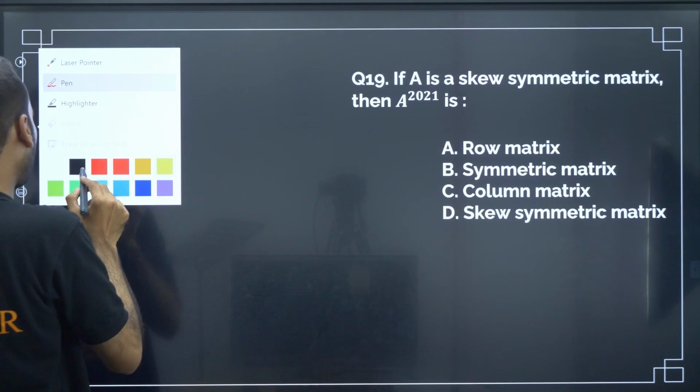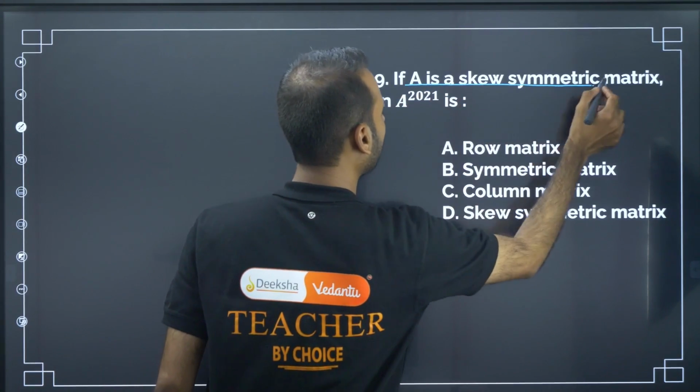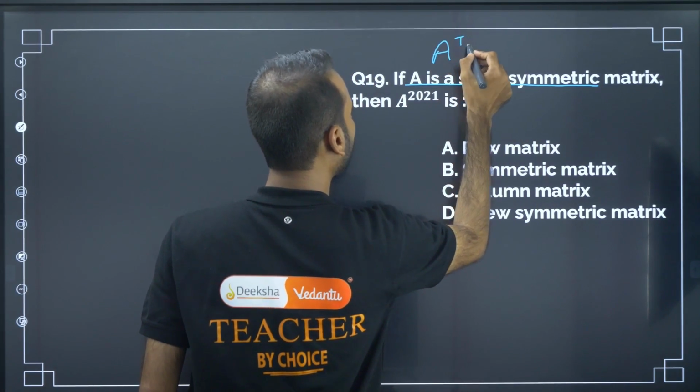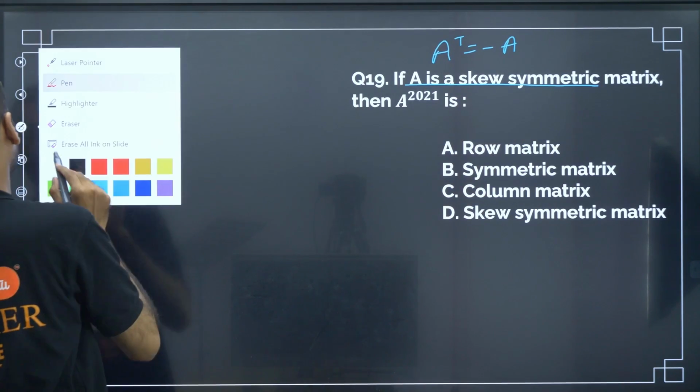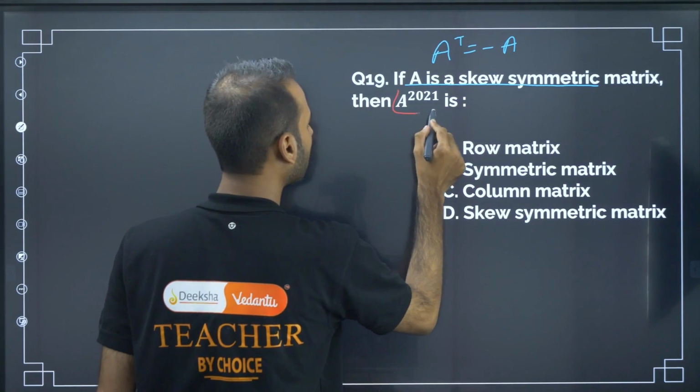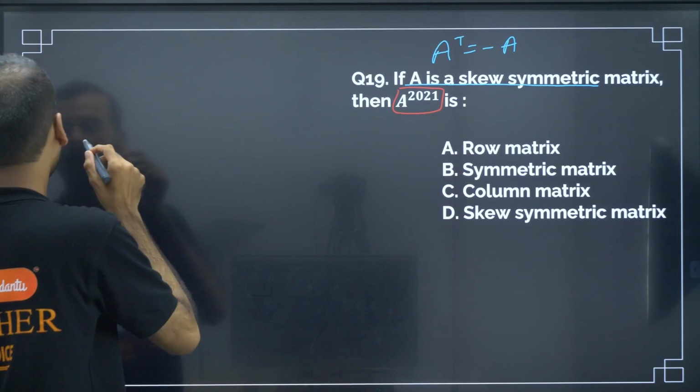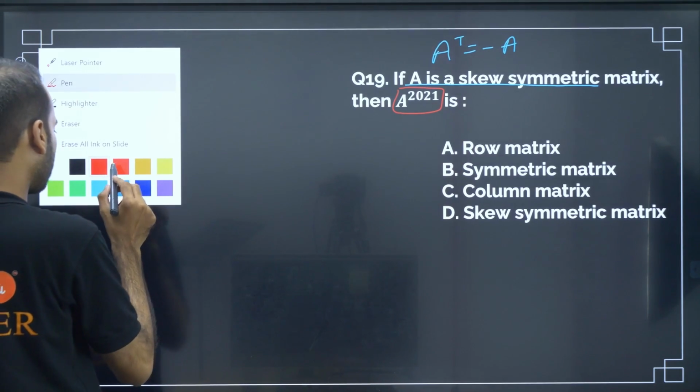If A is a skew symmetric matrix, which means A dash is minus A, then A to the power 2021 is what type of matrix? They are asking this.